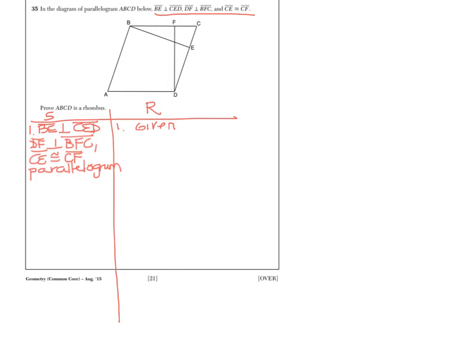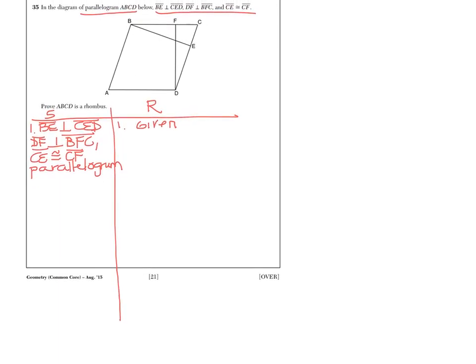So all the given information, including that we have a parallelogram ABCD, has now been denoted in the picture. I'm going to also, in the diagram, denote the given information, which is that we have right angles there, and 2 congruent sides.